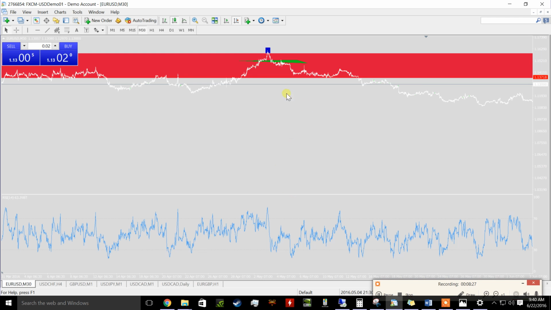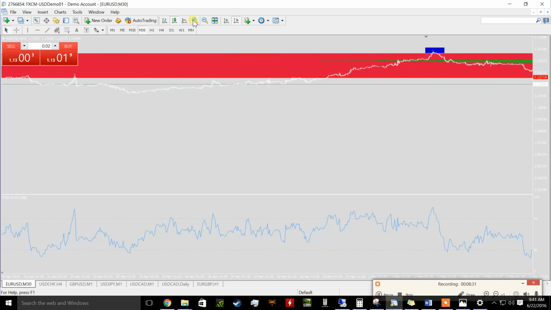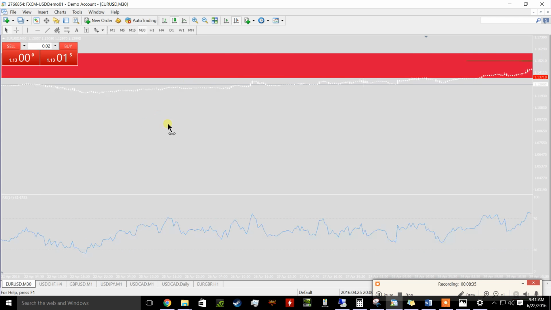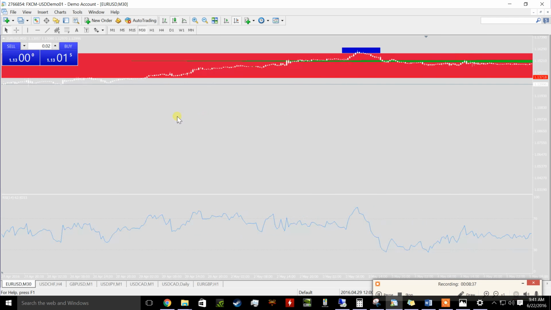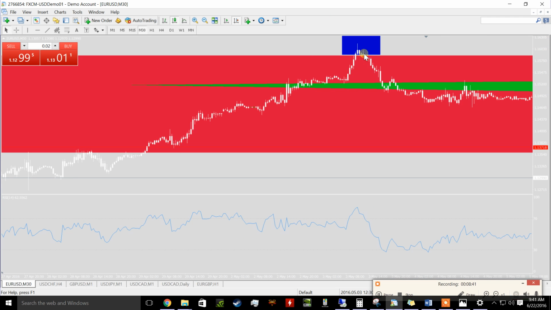When we go into the 30-minute chart here, you can see that we're seeing candles a little bit closer to the action now. These candles are looking a little bit better here, which means that we could enter the market with a little bit less risk on the table.